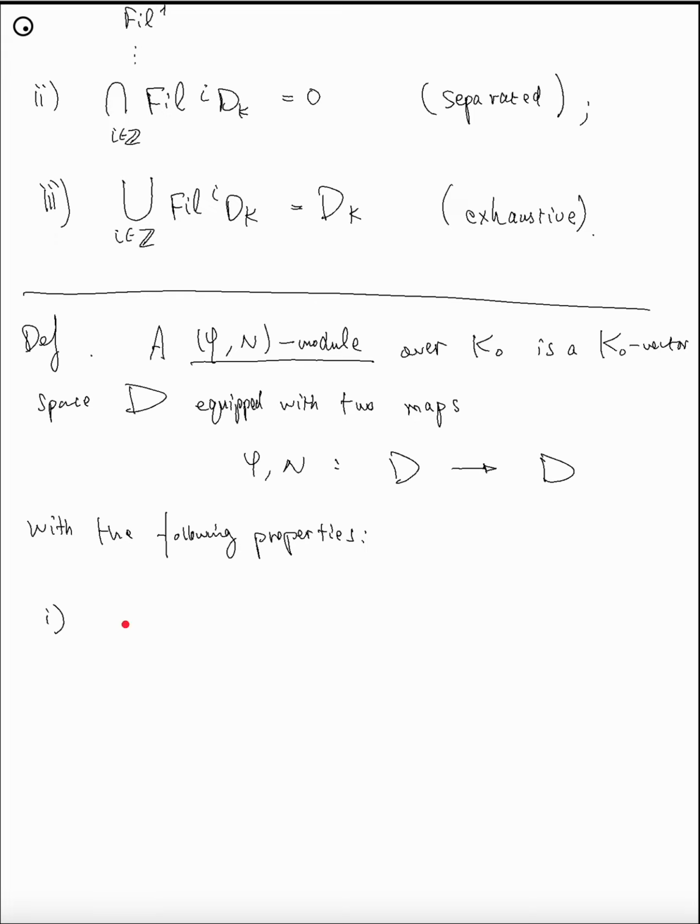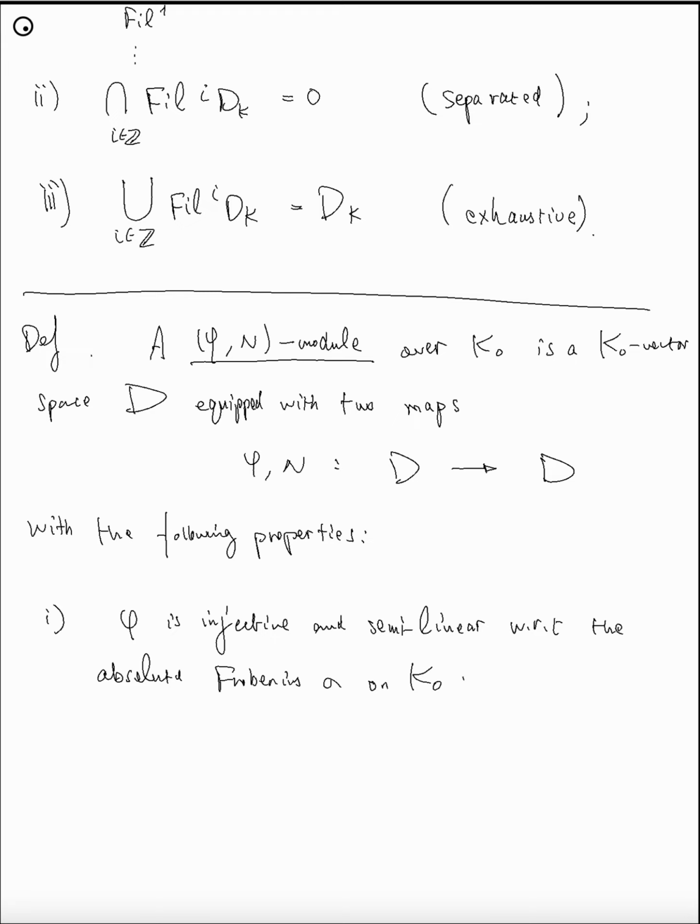First, it requires phi to be injective and semi-linear. We'll discuss what is a semi-linear map with respect to the absolute Frobenius sigma on K0.